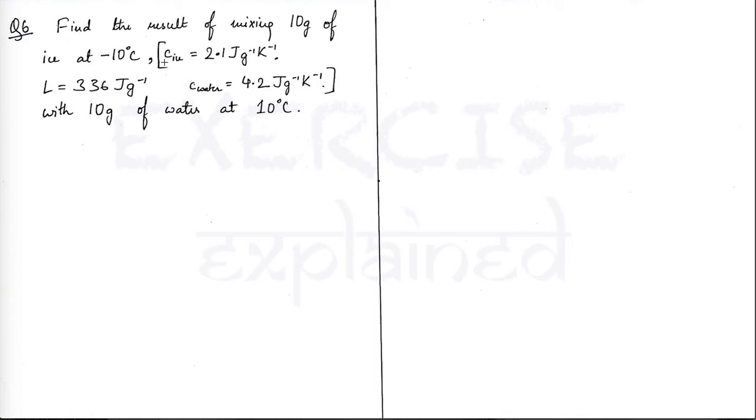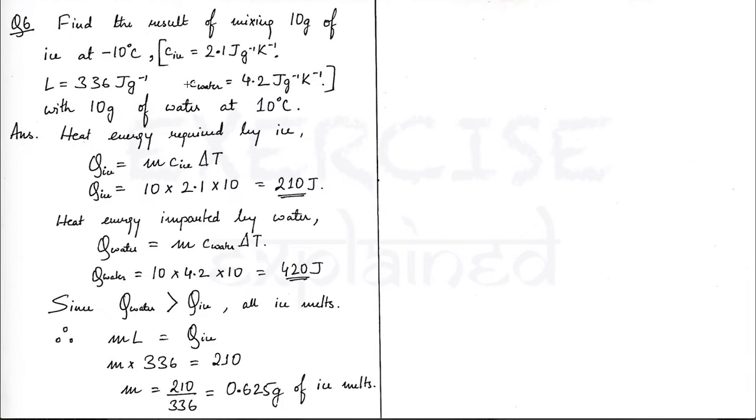Specific heat capacity of ice is given as 2.1 joules per gram per Kelvin. Latent heat is given as 336 joules per gram. Specific heat capacity of water is given as 4.2 joules per gram per Kelvin.